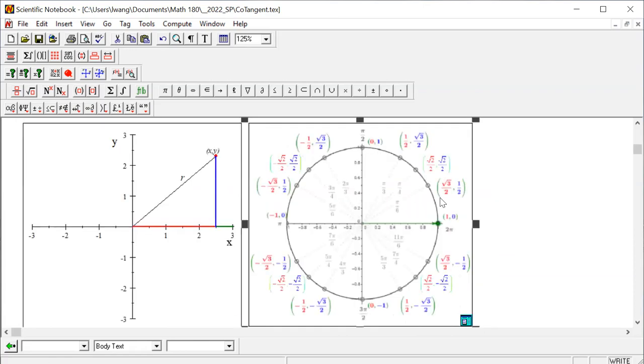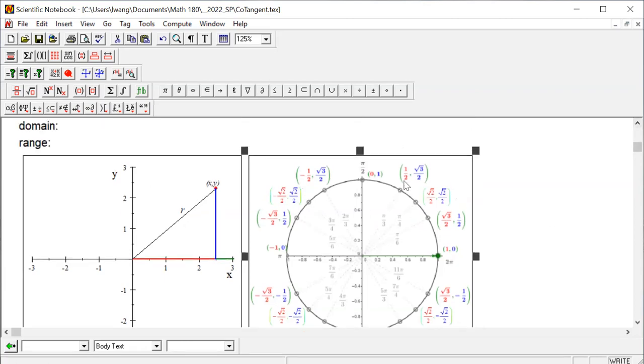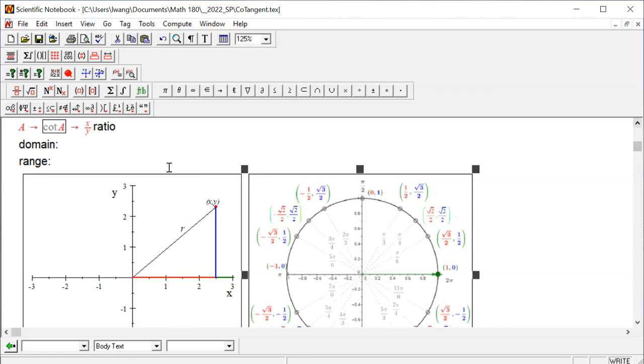Now, when we look at the ratio in terms of x over y, the x's are the red numbers and the y's are the blue numbers. For special terminals or non-special terminals, we just take the red number divided by the blue number.